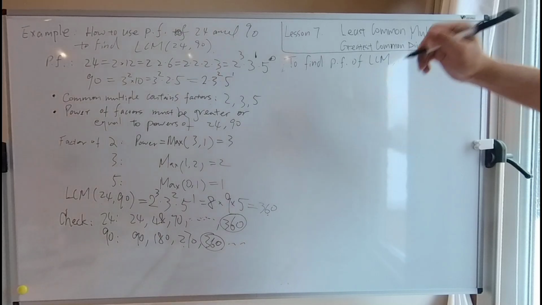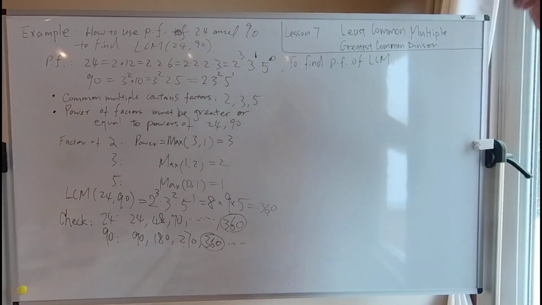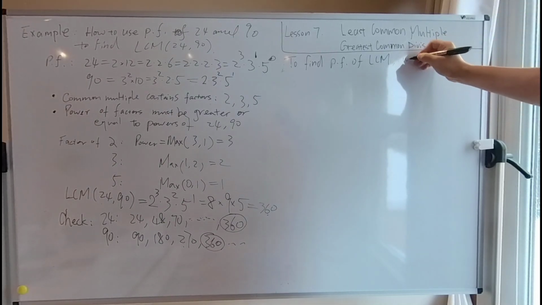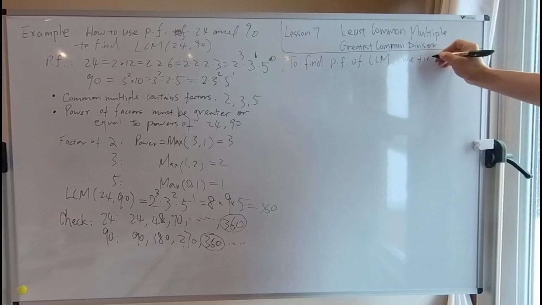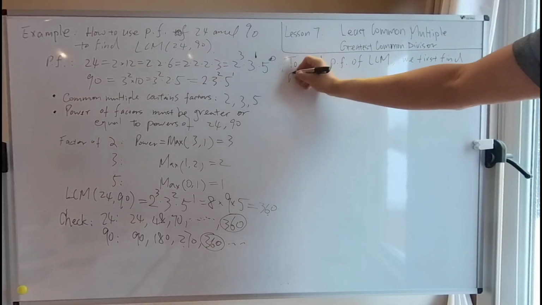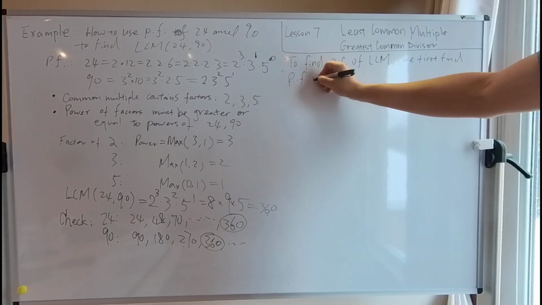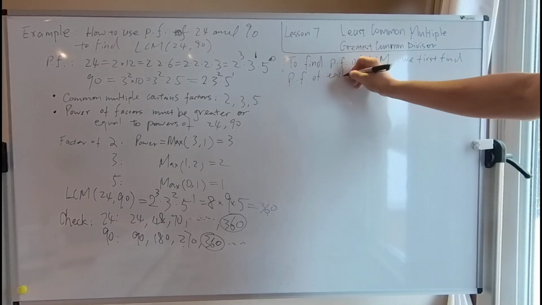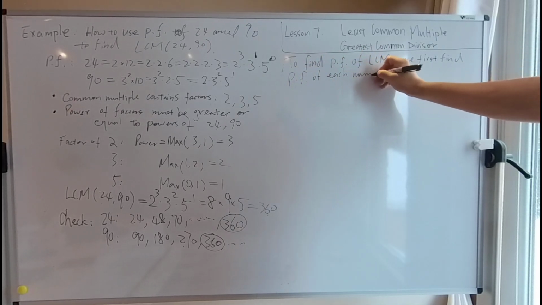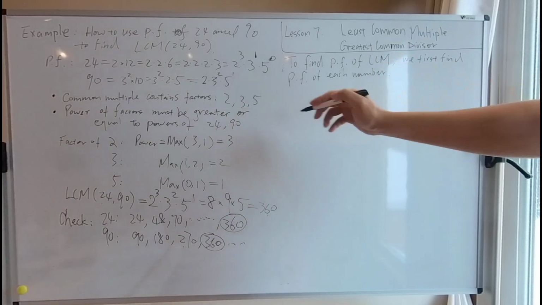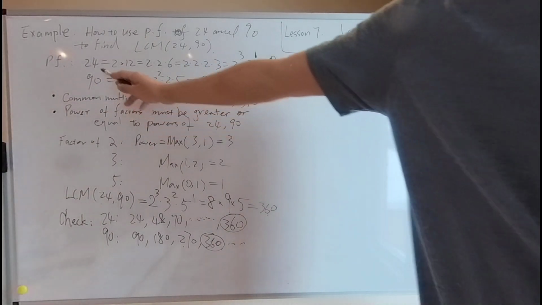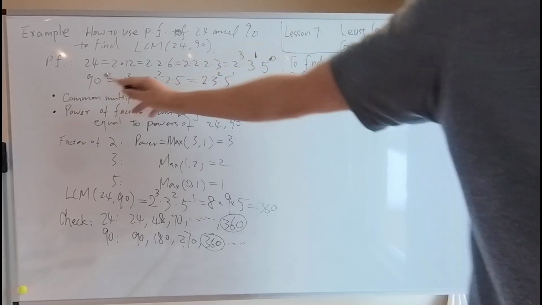So to find the prime factorization of the least common multiple, we first find the prime factorization of each number, right? We find the prime factorization of the 24 itself and the 90 itself.